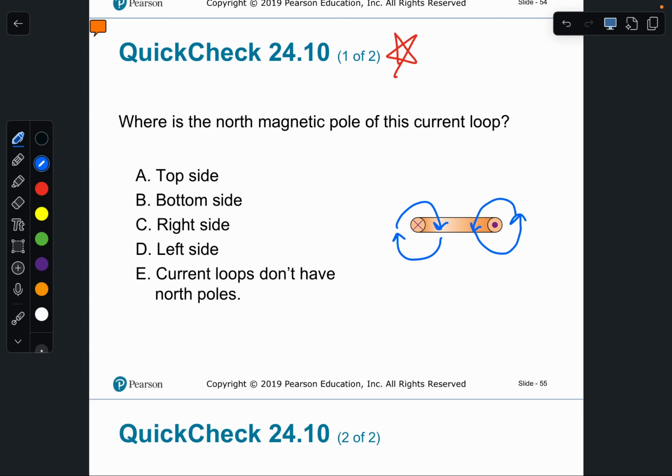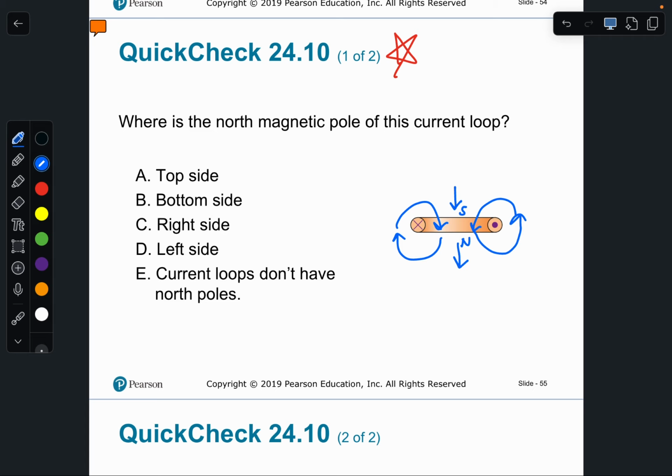And so the question was, what is the north and the south pole of this loop? So we know on the outside of the loop, our magnetic field vectors point from north to south, right? So what I'll do is I'll draw this on the outside. They point from north to south on the outside. So that means that this one right here must be pointing towards south, and this one right here must be pointing away from north.